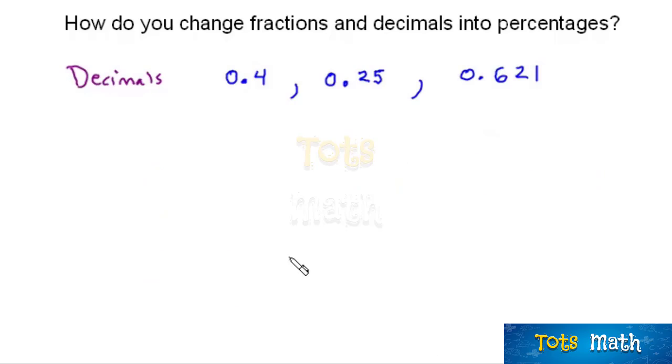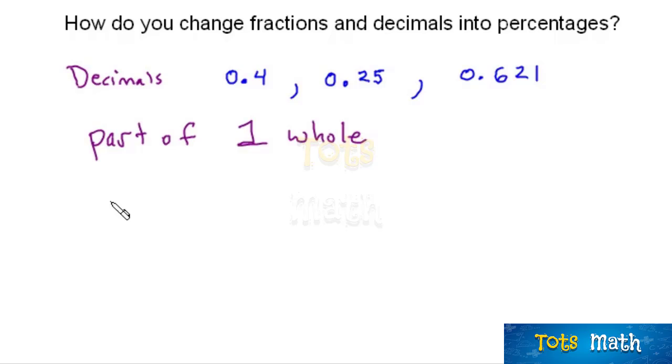Well, we can think of a decimal as being part of one whole. So each of these decimals, 0.4, 0.25, and 0.621, is just a part of a whole.